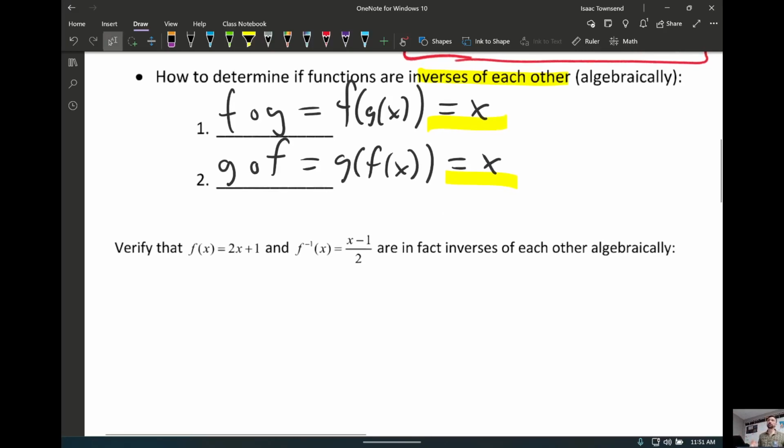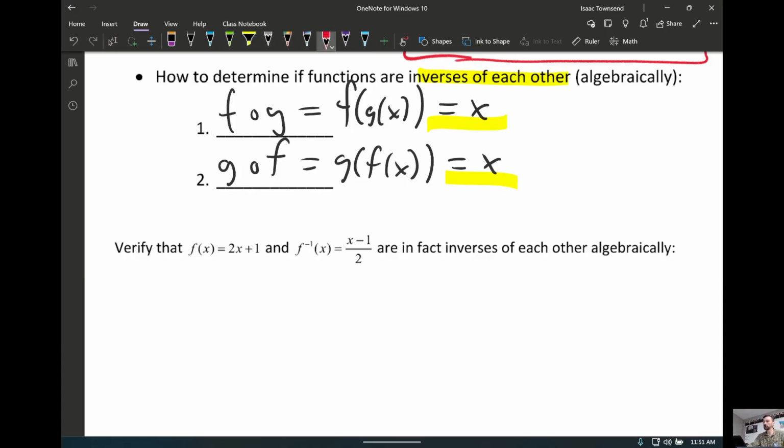So, an example of that: here's the same y equals 2x plus 1 and the inverse that I got on the second question. If you were asked to verify these are inverses or prove that they're inverses or show that they're inverses, this is the only way to do that.